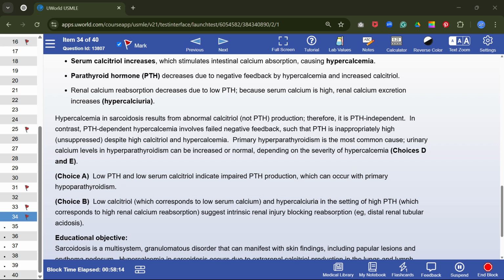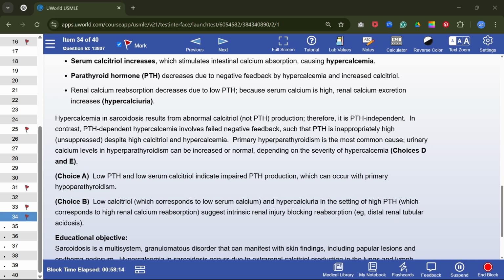Hypercalcemia in sarcoidosis results from abnormal calcitriol, not PTH production. Therefore, it is not PTH dependent.